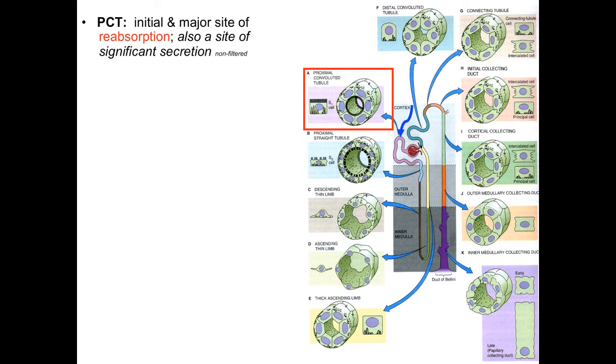Let's talk initially about cells in the proximal convoluted tubule. This is the initial and major site of reabsorption. It is also a site of significant secretion for non-filtered substances. The first thing I want you to realize is that material can go either way. From these proximal convoluted tubule cells, it can go from the tubule to the interstitium to the blood, or can go the other way around, from the blood to the interstitium back into the tubule.